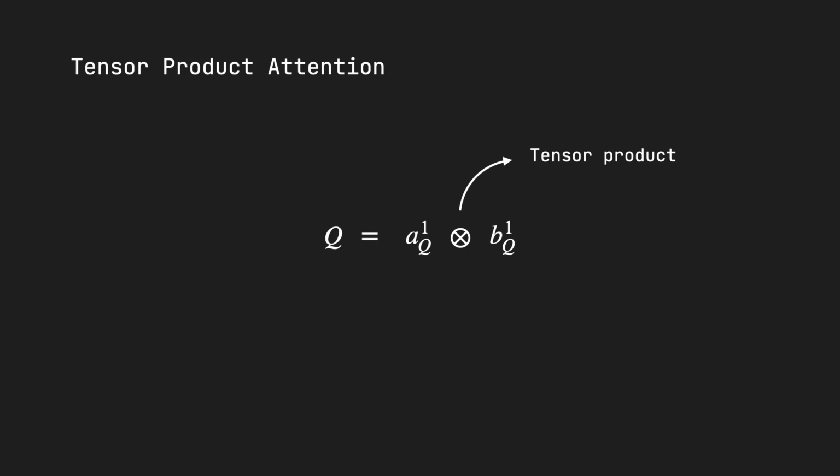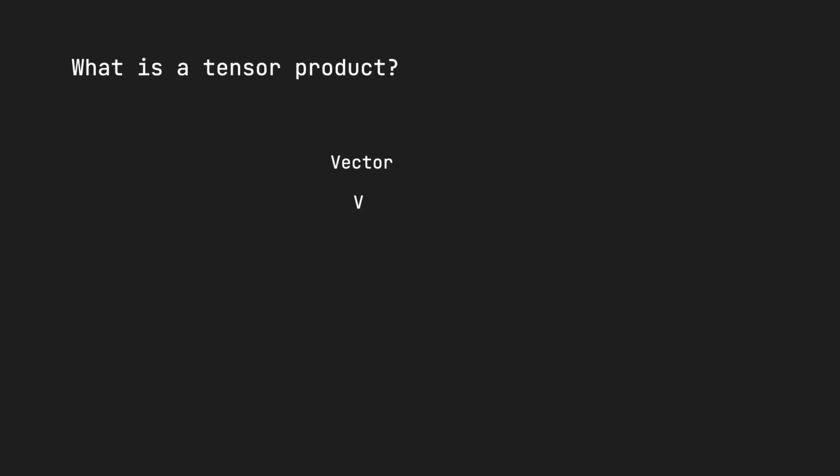So let's look at what a tensor product is. Imagine you have two vector spaces. One vector space is V, which has a finite basis of m dimensions. Another vector space W has a basis of n dimensions also. And we know how to construct elements of these vector spaces by using linear combinations.